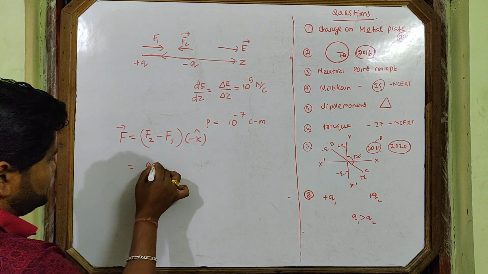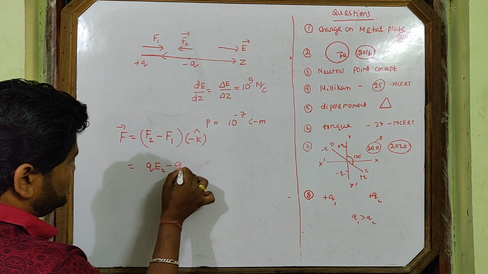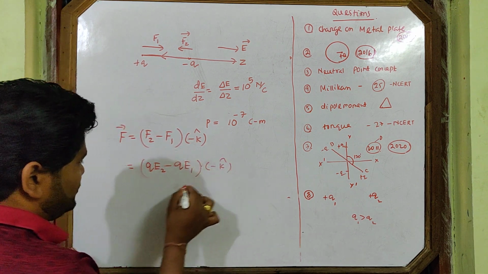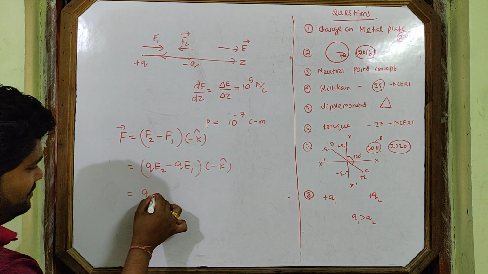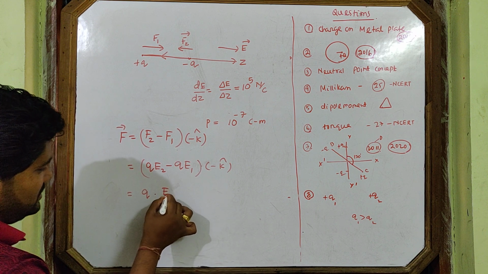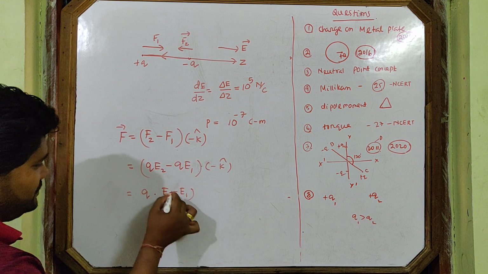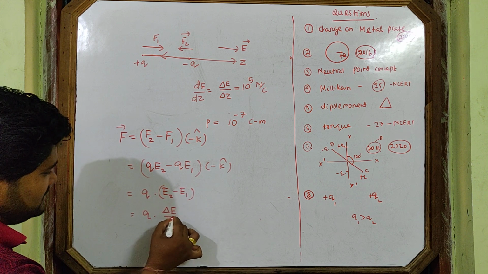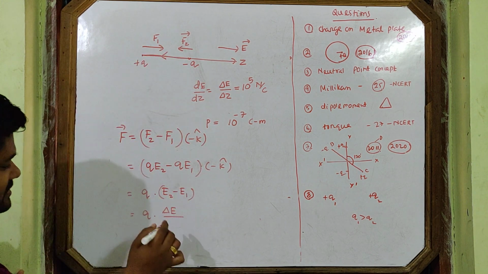Now you see, this is Q E2, this is Q E1. Taking Q common, E2 minus E1, the change in electric field from this to this.